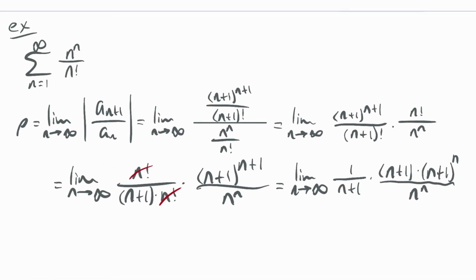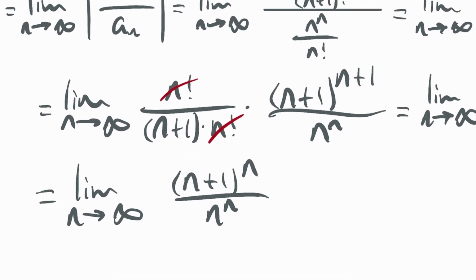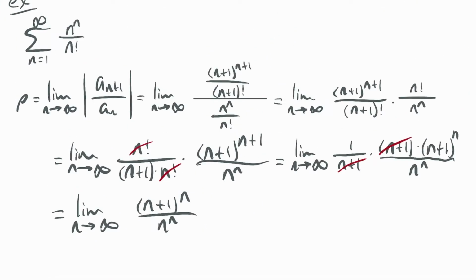Okay, so because I get some cancellation, this is the limit as n goes to infinity of n plus 1 to the n power all over n to the n power. You might think it's not clear we've accomplished much here.